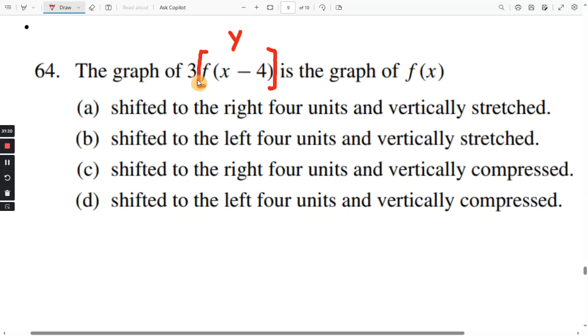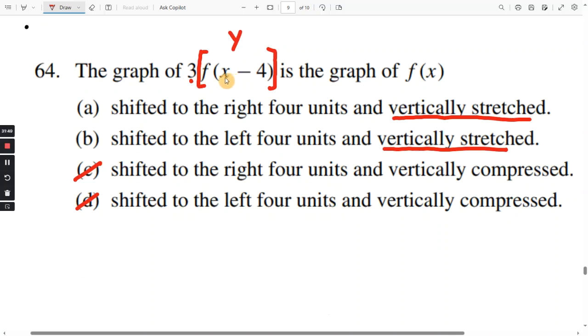And when you multiply y by a number greater than 1, that is a vertical stretch. So this 3 right here causes it to be vertically stretched. If this number times the y was less than 1, that would be vertically compressed, but that's not the case here. So the 3 makes it vertically stretched.